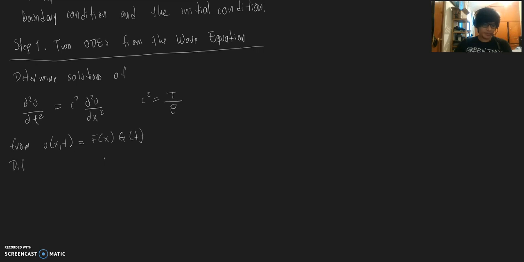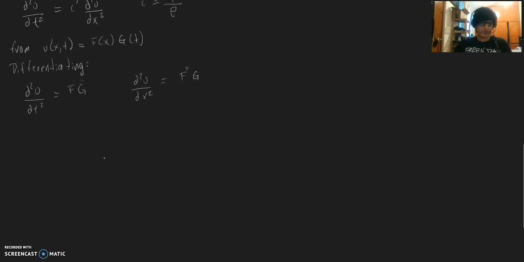So we can differentiate and obtain that d squared u with respect to t squared is equal to f g double dot, and that d squared u with respect to x squared is equal to f double prime g. This is just a notation to understand that we are deriving 2 times with respect to time and 2 times with respect to x.